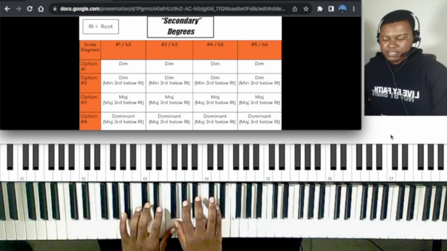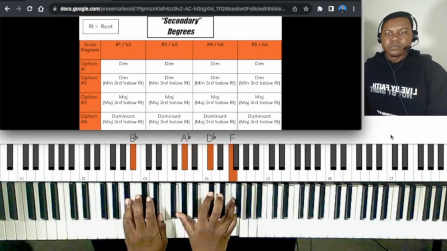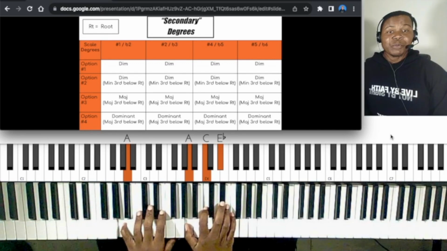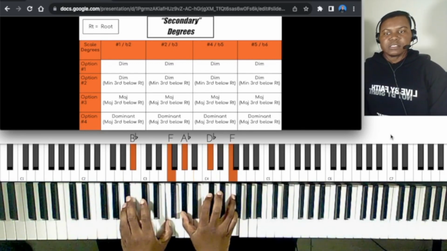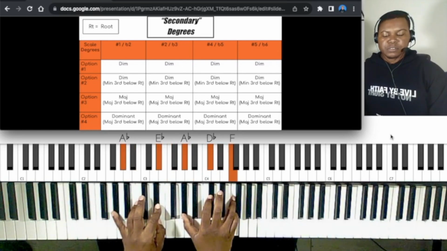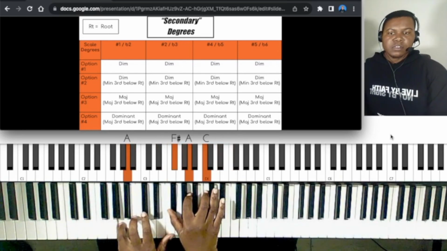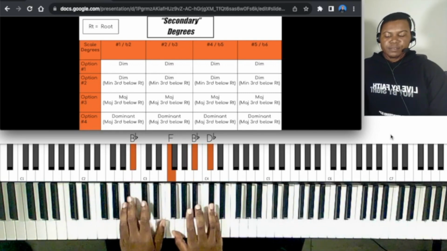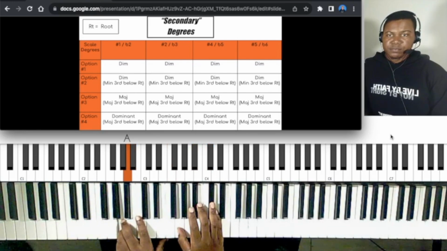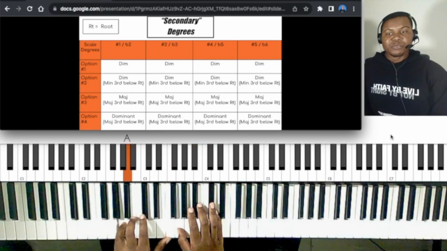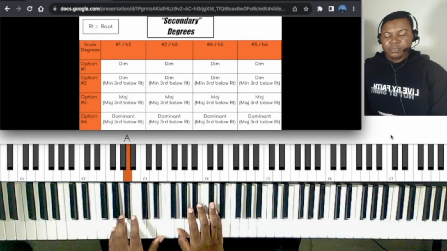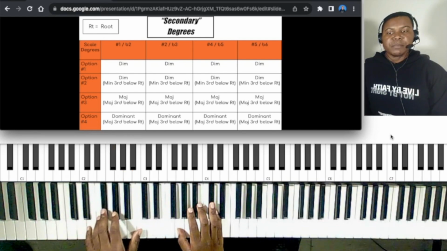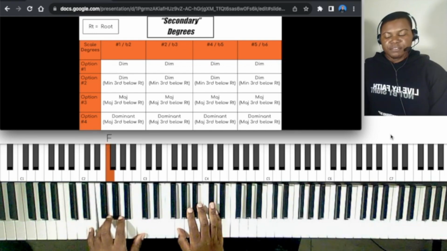To get to the six, we're going to approach it with our flat six. This was option one to get to the six. Option two to get to the six. Option three, our root, because we're trying to get to the six, our root is A. It's telling me to do a major chord, a major third below. If F sharp was our minor third, then F is our major third.